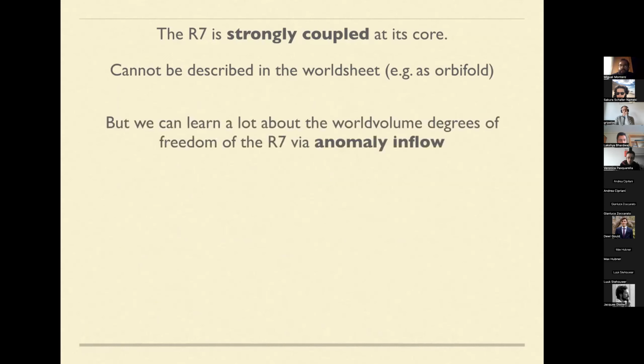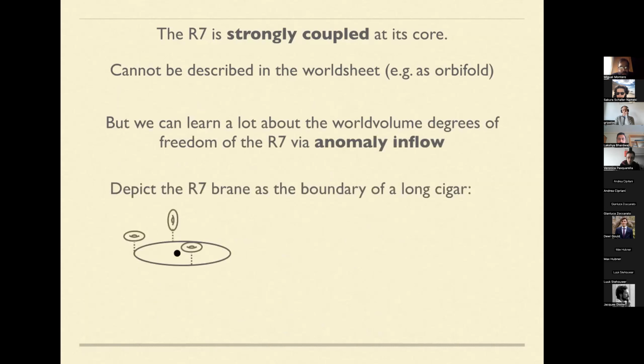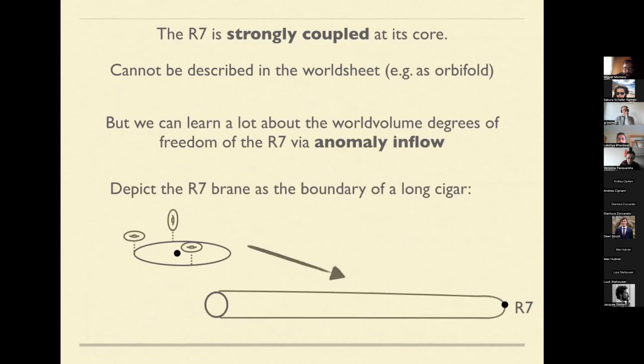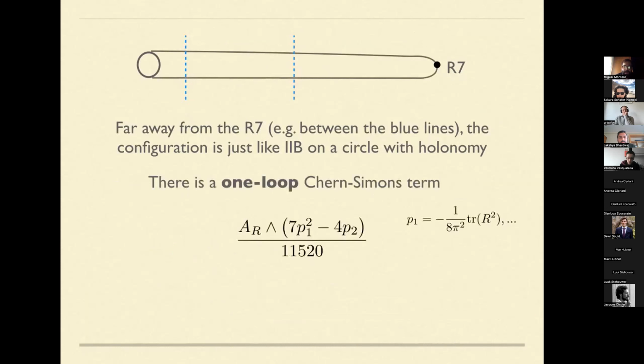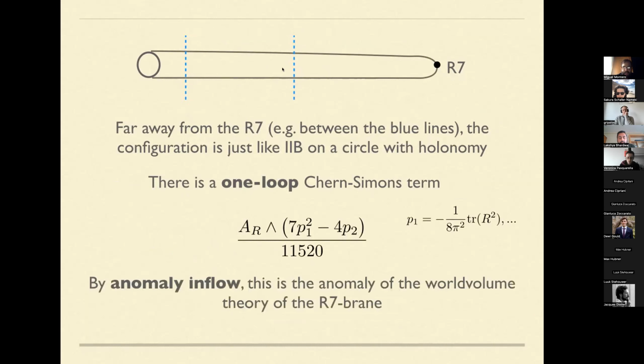And so it's a very weird kind of non-perturbative object, but you can actually learn something about it via anomaly inflow. So what we did there, you can write this reflection 7 brane as the boundary of a very long cigar. So you can draw this disk as a cigar. And then you can actually, far away from the R7 brane, compute one loop Chern-Simons terms in the action. And these one loop Chern-Simons terms are related via anomaly inflow to the worldvolume theory of the R7 brane.